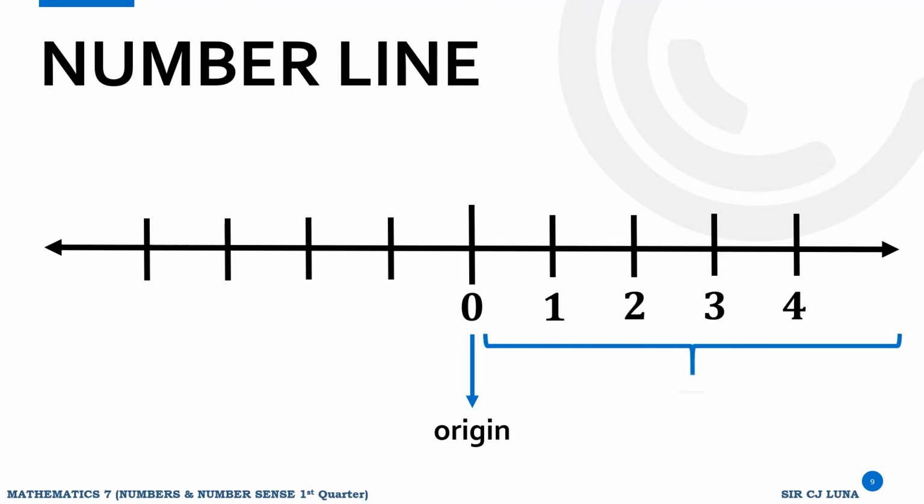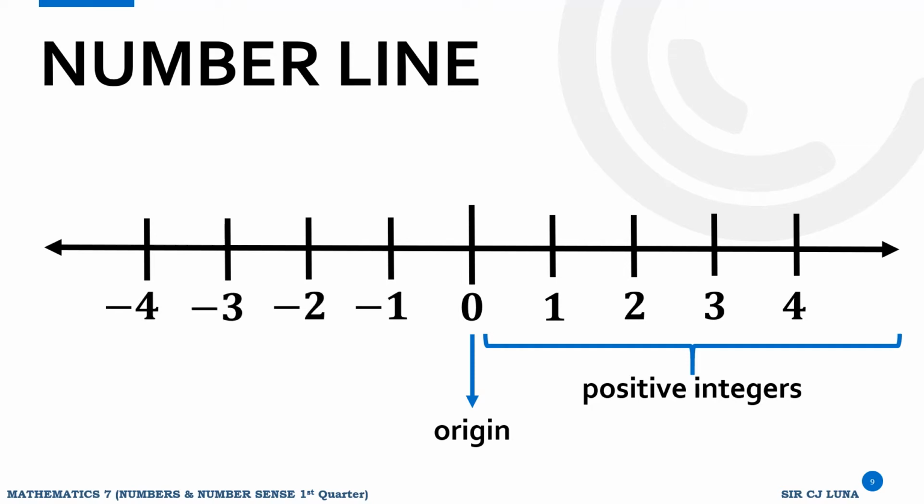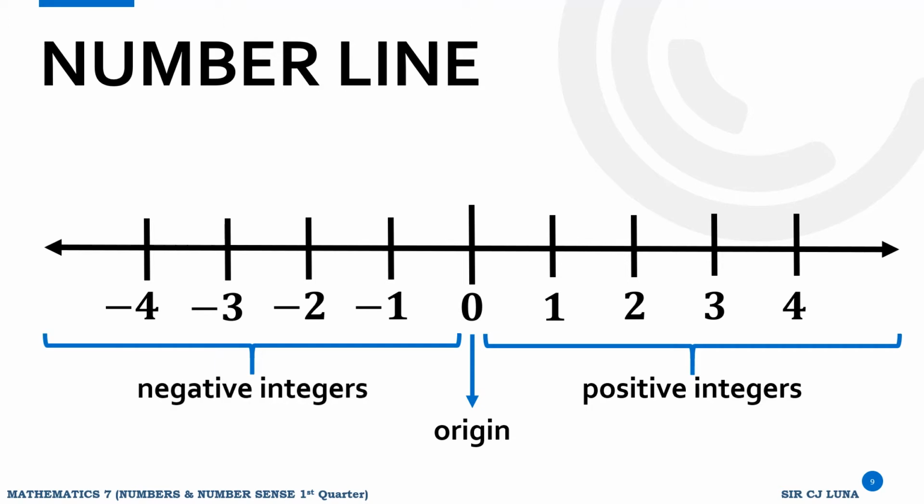These are positive integers. To the left of 0, we have negative 1, negative 2, negative 3, negative 4. These are the negative integers. It uses a negative sign with negative numbers, but no positive sign with positive numbers.